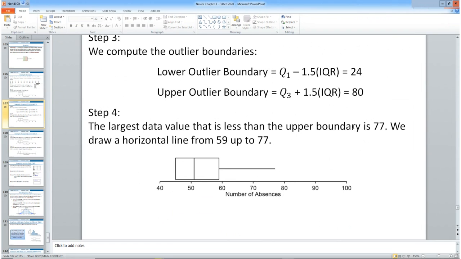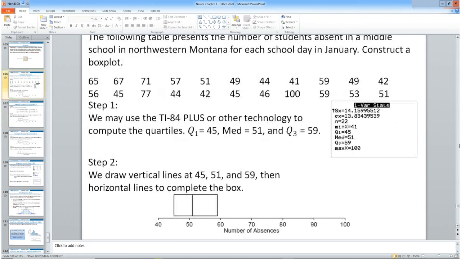All right. So now, as we'd said, there were no outliers on the left. But on the right side, I'll just go back up and show you, that 100 we considered an outlier.